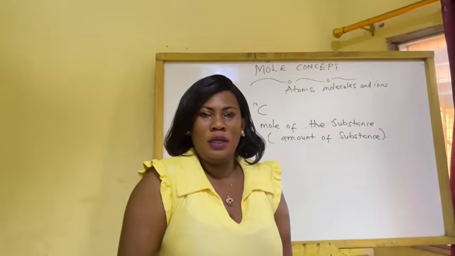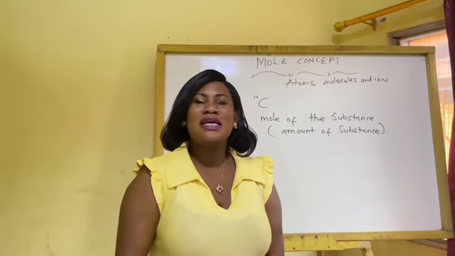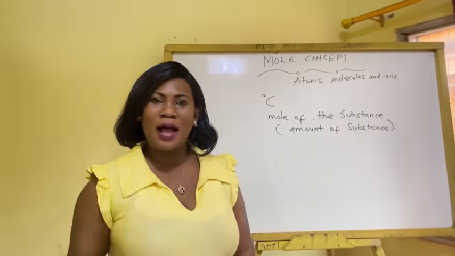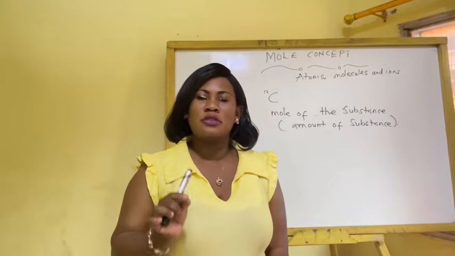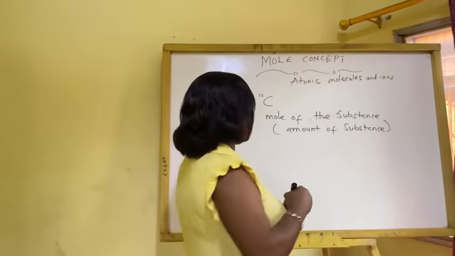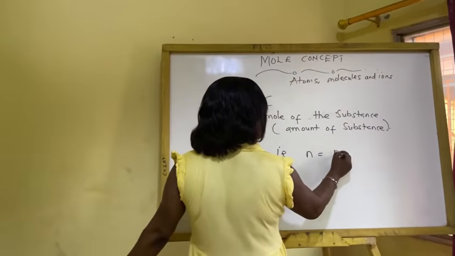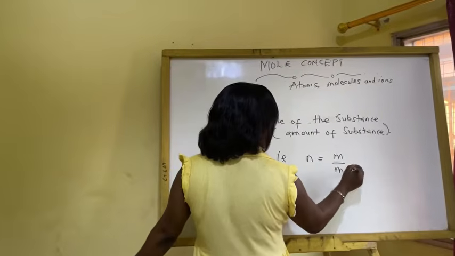The mole is the amount of substance which contains as many particles as there are in 12 grams of carbon-12 isotope. So that is mathematically expressed as N equals M over MR.